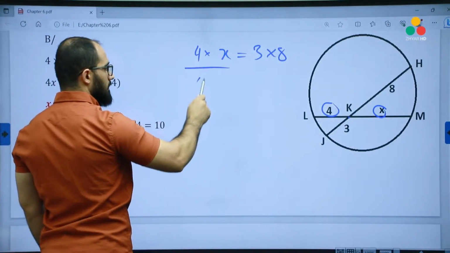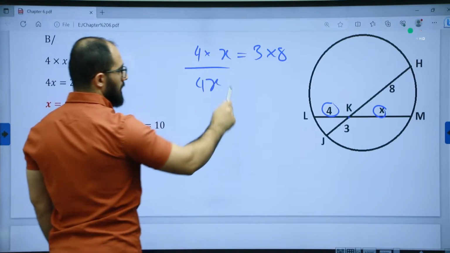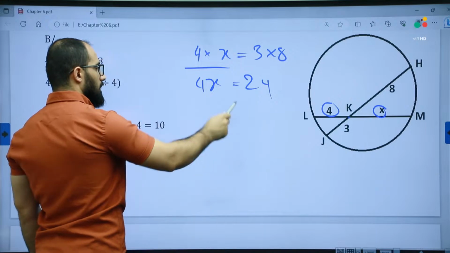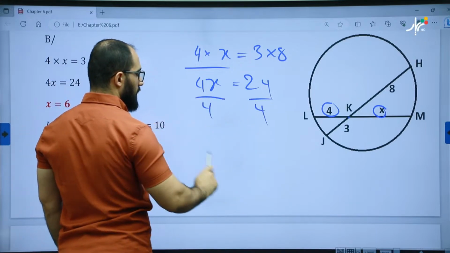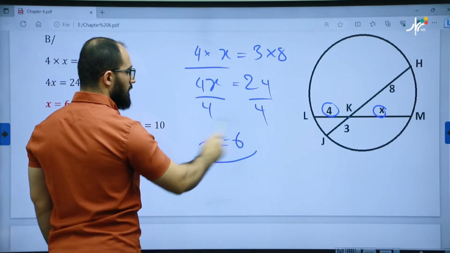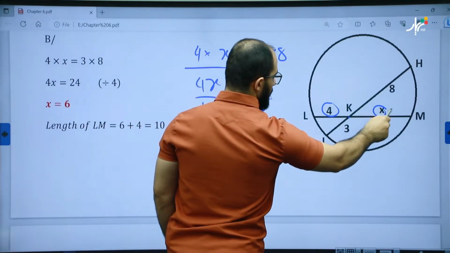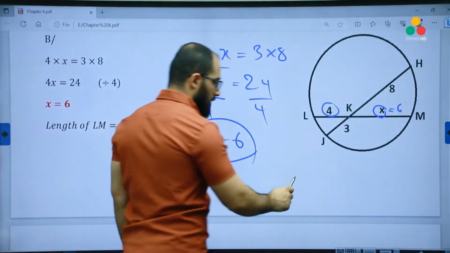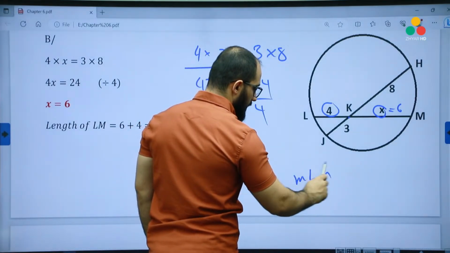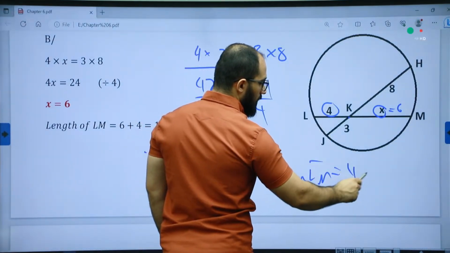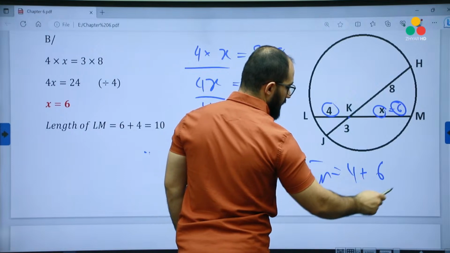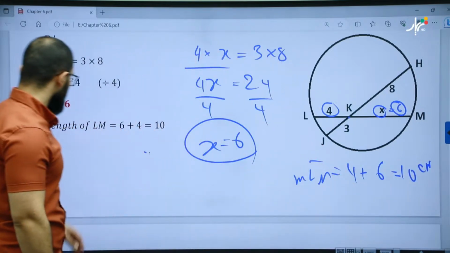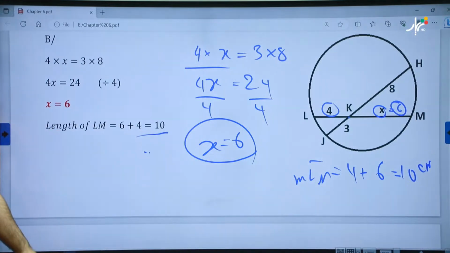So 4x is equal 3 times 8 is 24, divided by 4, divided by 4, so x is equal 6. To find the length of LM, the chord, measure of LM is equal 4 plus 6 is equal 10 centimeter.